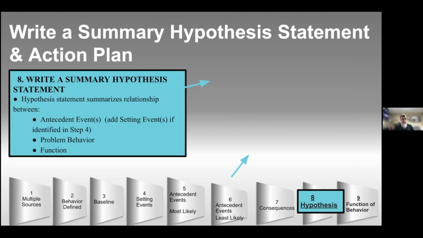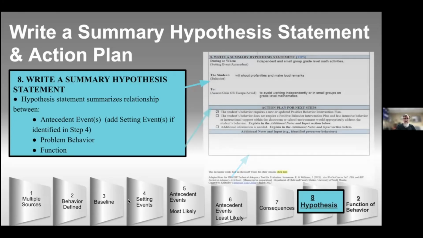So our hypothesis statement could be as simple as: during or when, the setting event or the antecedent, which we've got from the previous information that we gathered, the student, what behavior will they exhibit, and then what is the reason behind that behavior.